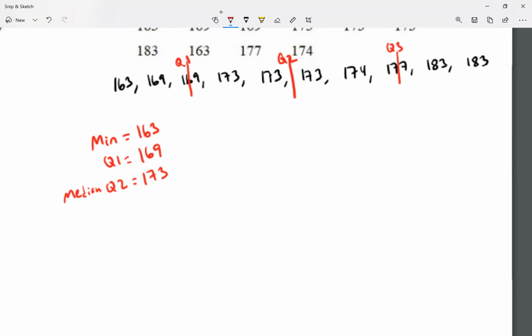If the numbers were not the same, I could just add them and divide by 2. But if I do that, I still get 173. My quartile 3, you guys see, is 177. And my maximum, some people call this quartile 4, is the biggest number, 183.